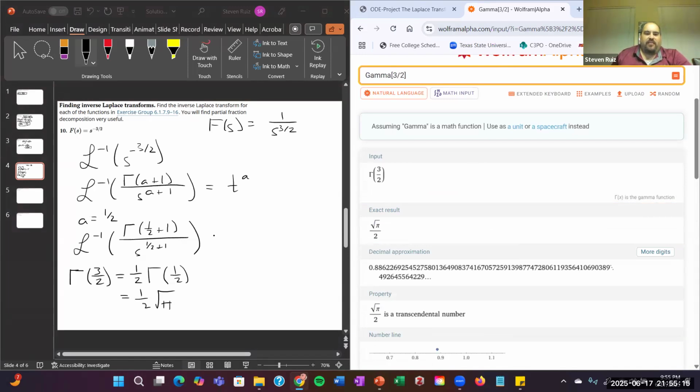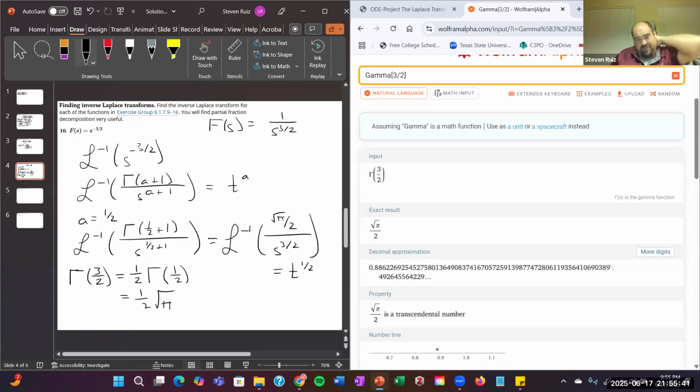Here's what we have. We know that the inverse Laplace transform of radical pi over 2 over s to the 3/2 is t to the a, which is going to be t to the 1/2. But is this where we started? Not quite. We have radical pi over 2. So we know what the Laplace transform of radical pi over 2 over s to the 3/2 is, but we just have 1 over s to the 3/2.